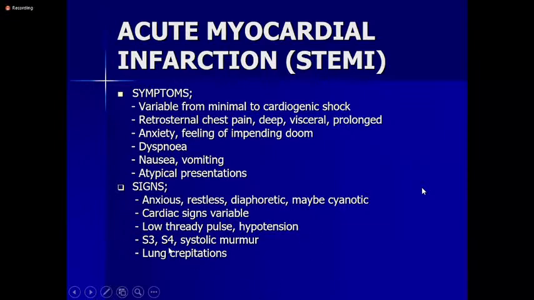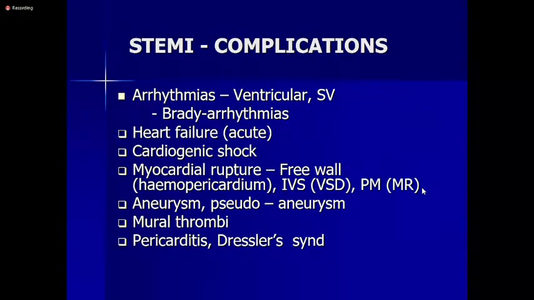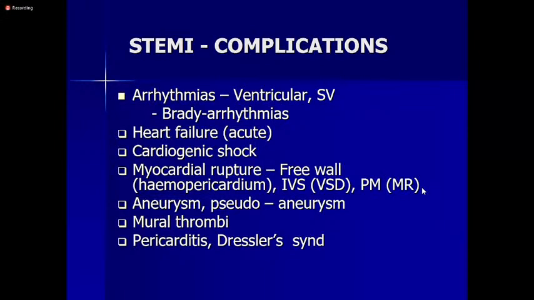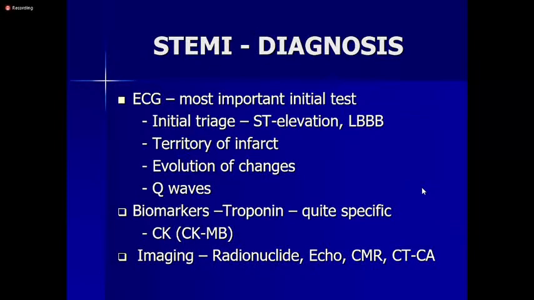They may have those features of heart failure and also crepitations in the lung, which is of course a feature of heart failure. Now, the complications, in fact, we'll come back to this later. I don't know, the slides got reversed.